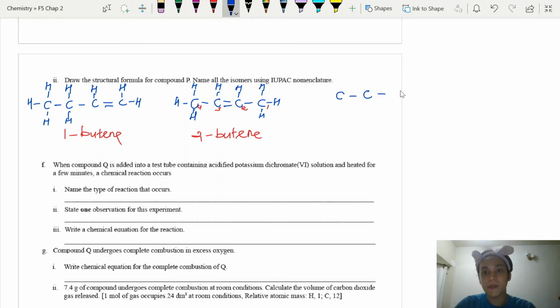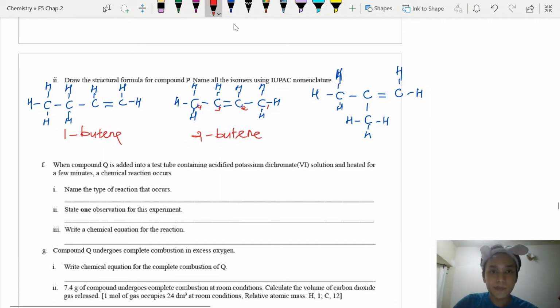So 3 carbons, and then another carbon I put in the middle so that it becomes a side group. So this one is HHH and then your double bond, you can put it here. This is already 4 bonds: 1, 2, 3, 4. Then we put numbers. The one with the functional group gets the smallest number.